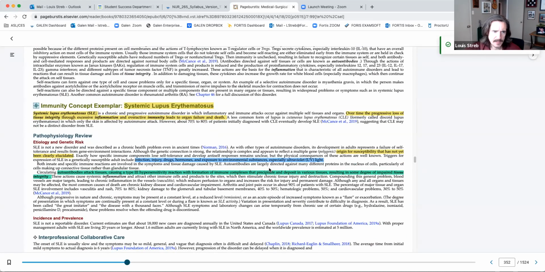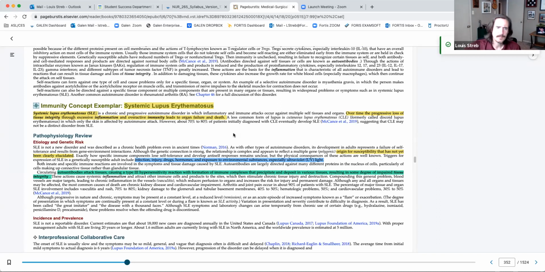All right, systemic lupus is something big that we talk about. So they call it SLE, systemic lupus, right? And we're talking about what? Erythema. We're just talking about the body attacking itself, if you will. So with the disorder, we have inflammation, the immune system starts to attack itself, multiple organs, multiple tissues.